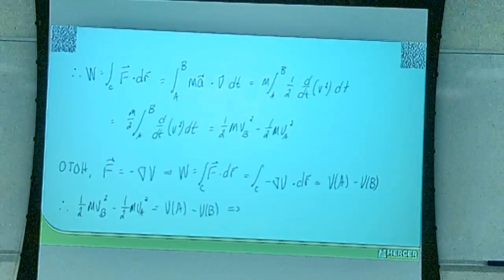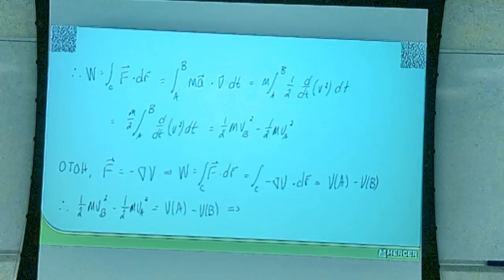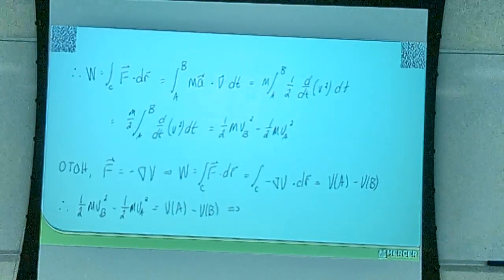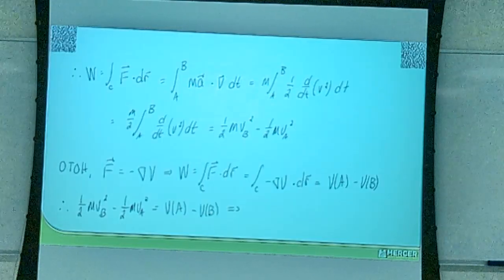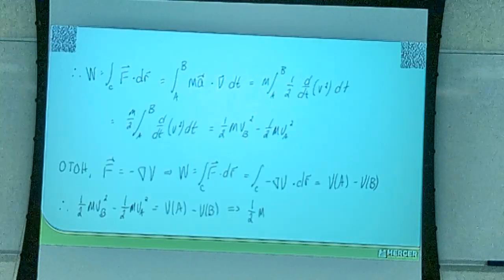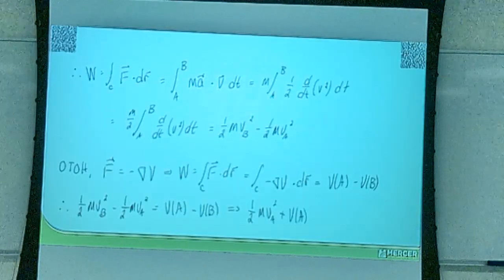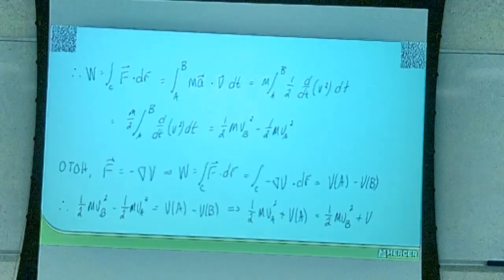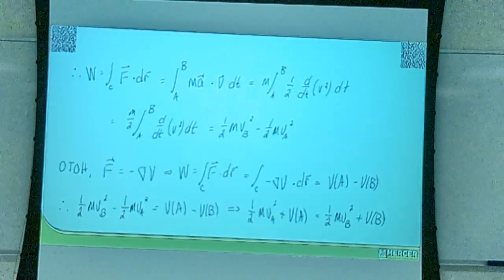Solve. Yep. When you rearrange terms, you get the desired result.